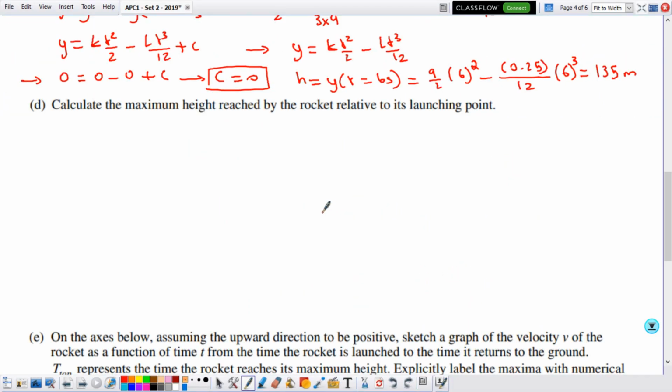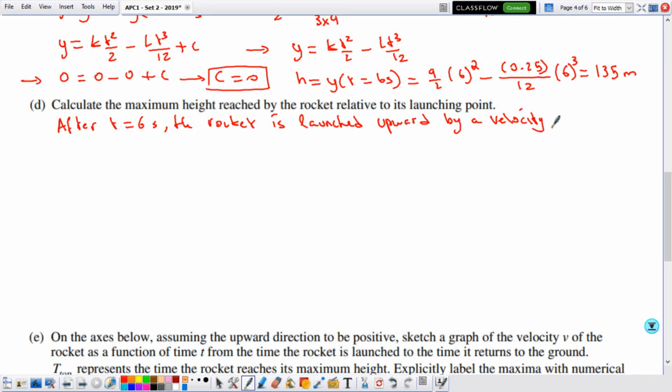So in order to do so, let me state that after t equals 6 seconds, the rocket is launched upward by a velocity of 36 meters per second under a free fall motion.